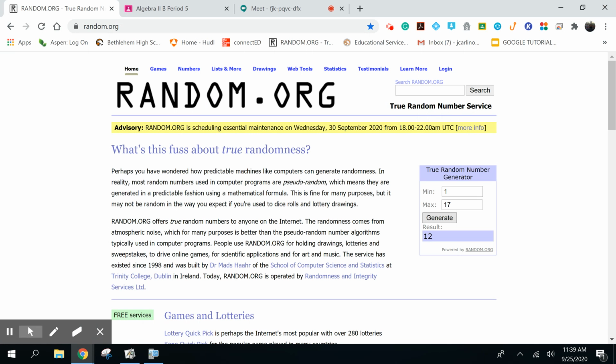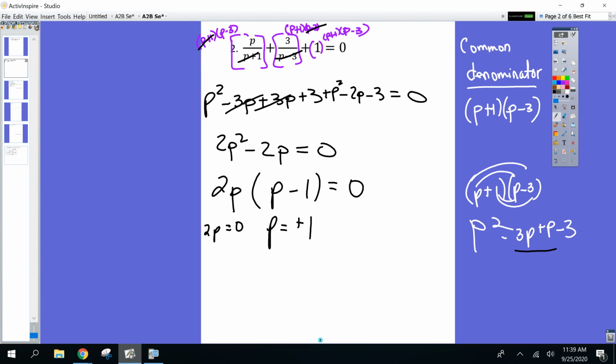Oh, yeah. Going back. Dan, sorry to bother you again. What do you want to do on both sides to get that p by itself in 2p equals 0? Wouldn't you, since it's multiplication, divide? Yeah, you should. Divide both sides by 2. And what do you end up with as the other value of p, Dan?